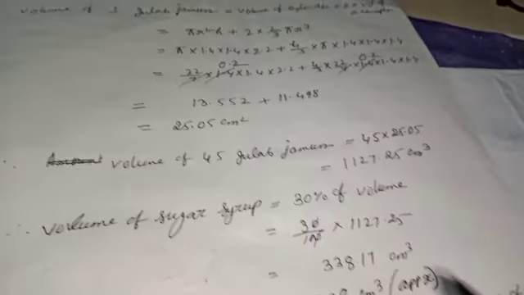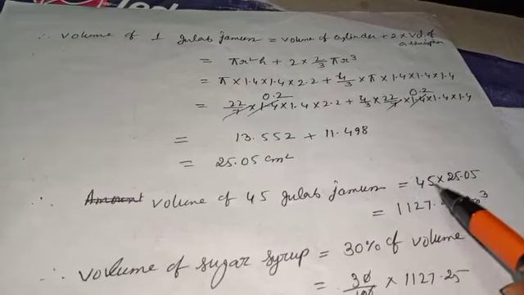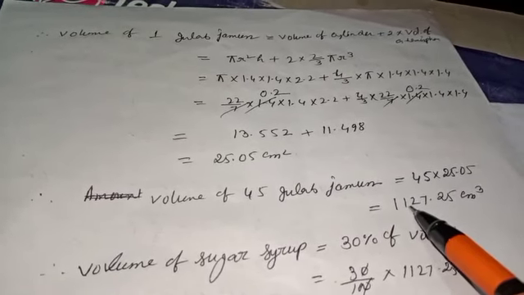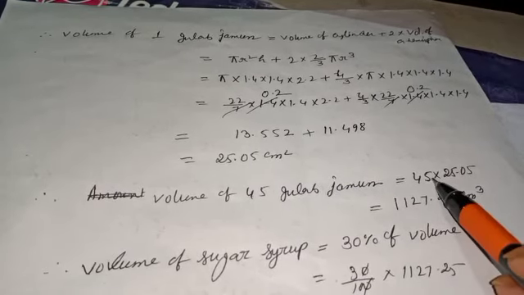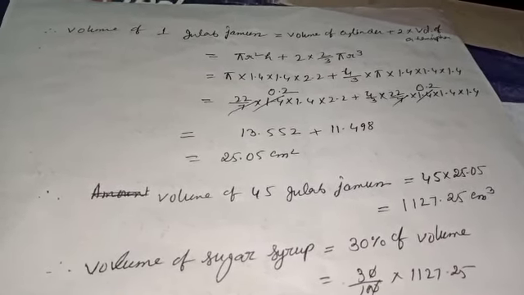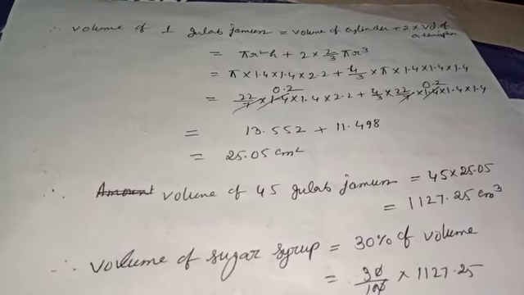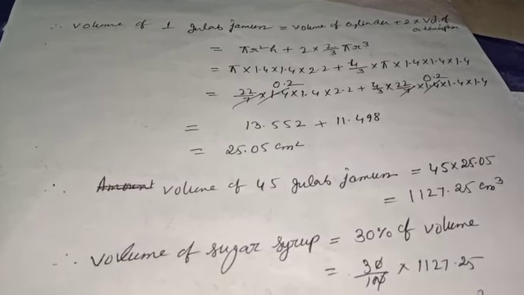Clear? So this is the volume of one gulab jamun, so the volume of 45 such gulab jamuns is 45 into 25.05, you will get 1127.25 centimeter cube. Now it is given that in each gulab jamun the amount of sugar present is 30%. We got the volume of 45 gulab jamuns, so find 30% of this.